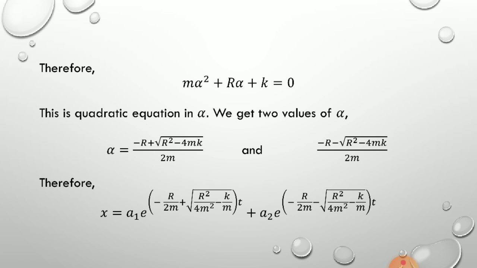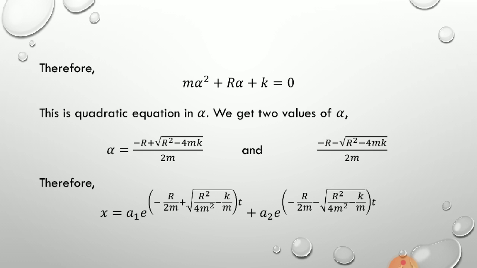Substituting the values of alpha 1 and alpha 2, we get x is equal to a1 e raised to minus r by 2m plus under root r square divided by 4m square minus k by m into t, plus a2 exponential minus r divided by 2m minus under root r square divided by 4m square minus k by m into t, where a1 and a2 are arbitrary constants and their values can be determined.